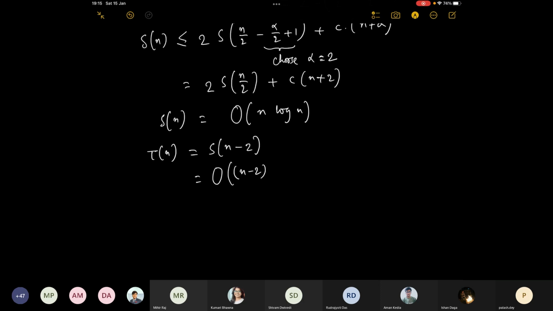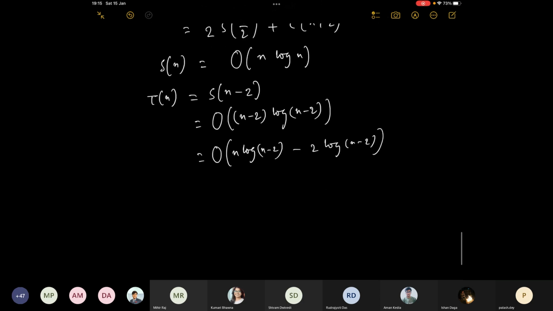It is big O of (n minus 2) log(n minus 2). If you expand, big O of n log(n minus 2) minus 2 log(n minus 2). Second term you can ignore. The dominating term is the first term, and log(n minus 2) is dominated by log n. This is big O of n log n.